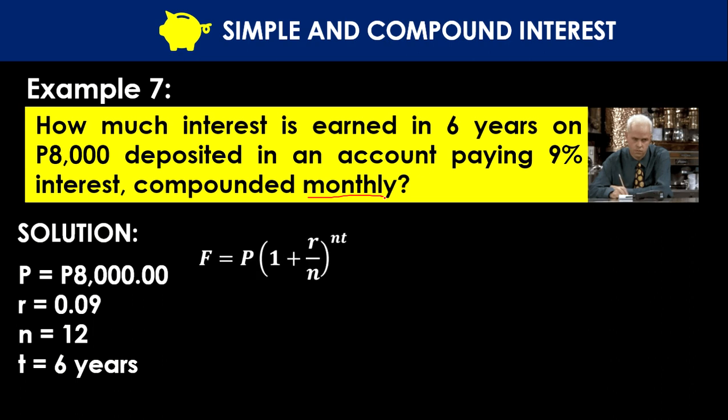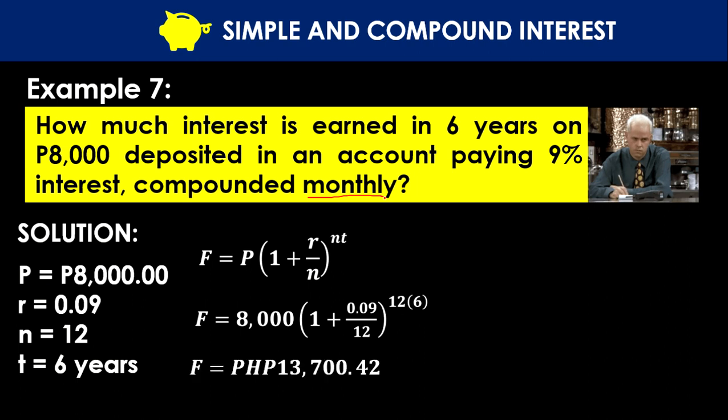So let's just substitute. We have 8,000 times the quantity of 1 plus 0.09 divided by 12 raised to 12 times 6. Then if we input that to our calculator, we'll have the result of 13,700.42. But again, the question here is the interest.